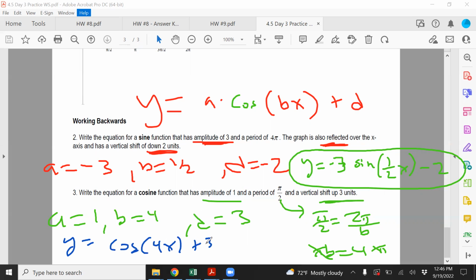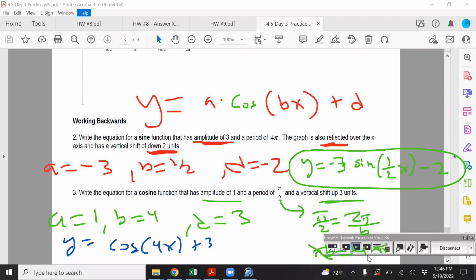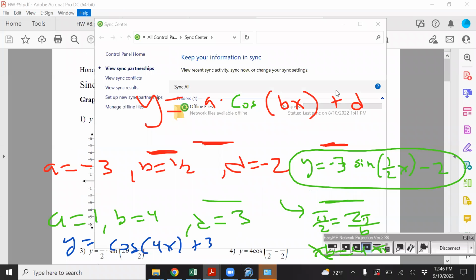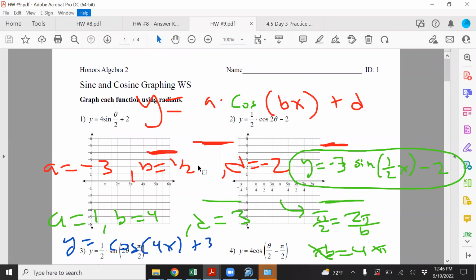So homework number 9, I do need to, let me freeze the screen here so you guys can still copy. And we do a check-in. Let me make an adjustment to the homework.